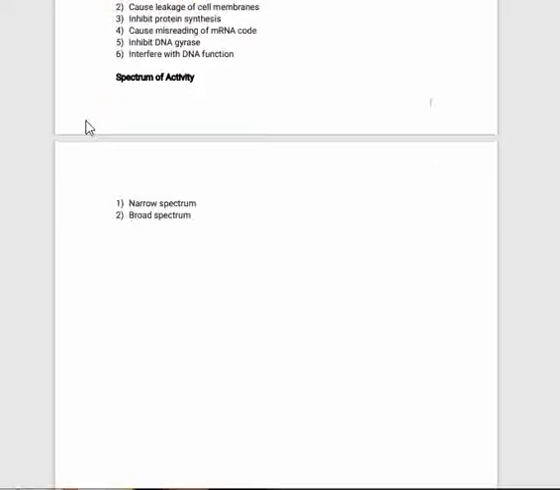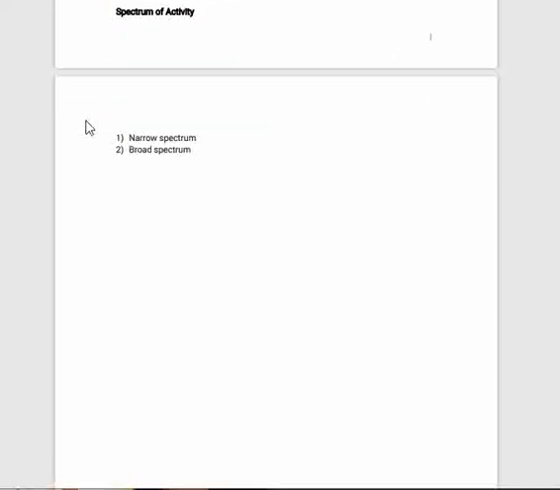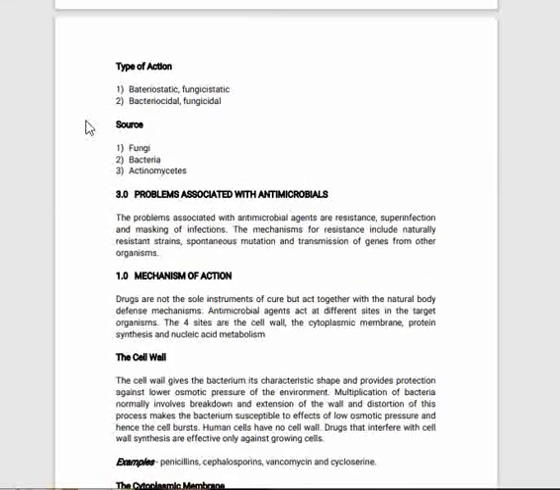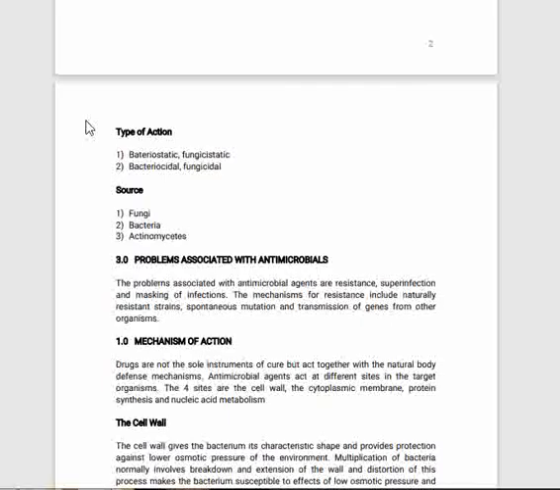Still proceeding, we can talk about the types of action. We have bacteriostatic and bactericidal. Bacteriostatic and fungistatic. Bactericidal or fungicidal. Bacteriostatic, these are drugs now. We classify a drug as bacteriostatic when it inhibits the multiplication of the microorganism or the pathogen.